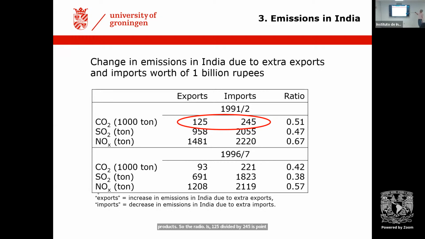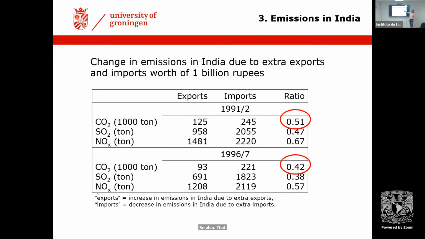Observe also that the results are the same for SO2 and NOx. It doesn't matter very much what pollutant you consider. Observe also that this ratio, exports divided by imports, even decreases. So here, India exports clean products, imports dirty products, and the difference even gets larger.